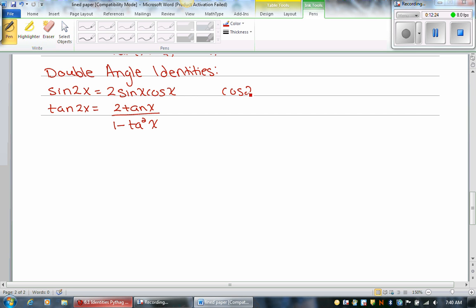And if you remember, my double angle for cosine, I actually have 3 different ones that I can use. We got cosine squared x minus sine squared x. 1 minus 2 times sine squared x. And 2 times cosine squared x minus 1. Okay, so these are your double angle identities, and we're going to work with these over the next few examples.